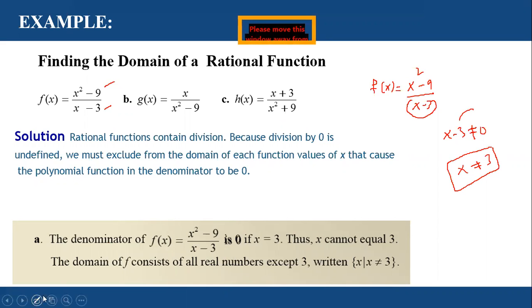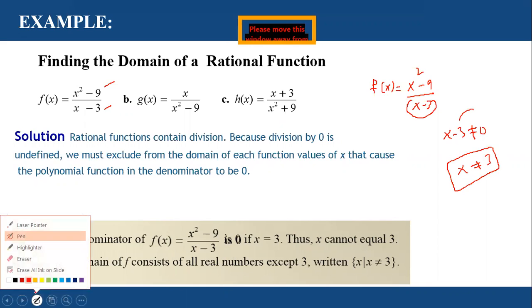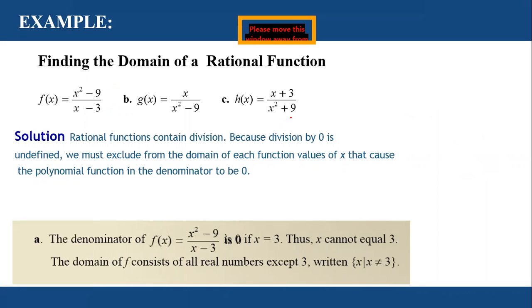But if you can find the common factor, like in the first one, we have x square minus 9 divided by x minus 3, and we can write the numerator as x square minus 3 square divided by x minus 3.